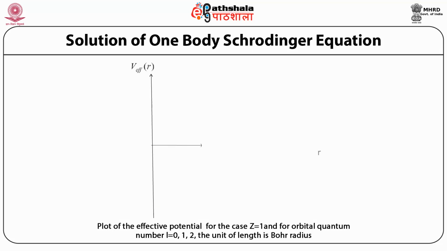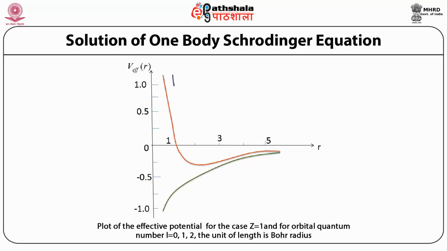So this figure shows a plot of the effective potential for the case Z equal to 1 and for orbital angular momentum quantum number L equal to 0, 1, 2.